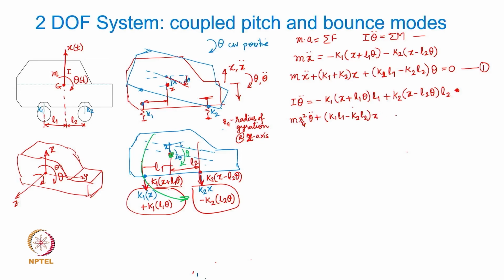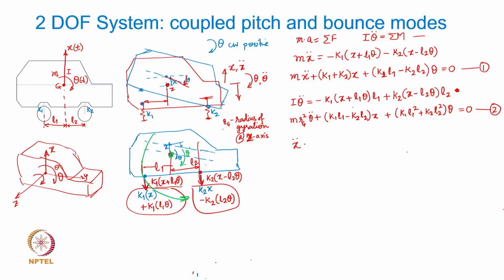So I am clubbing all x related terms, and then there will be plus k1 L1 square plus k2 L2 square into theta. I am clubbing all x related terms together and theta related terms together, and that's how equation number 2 is going to be.